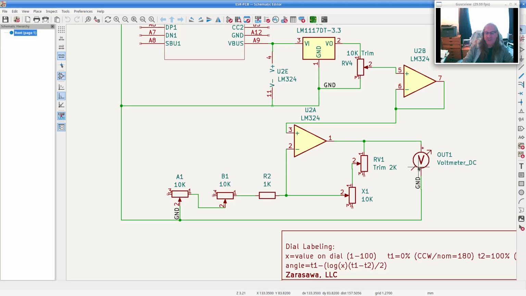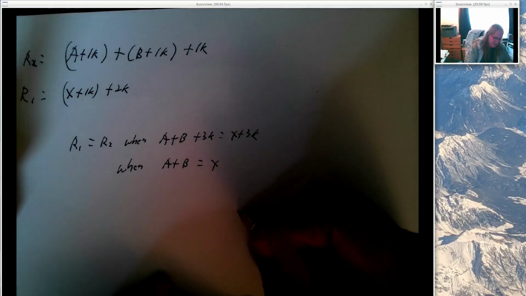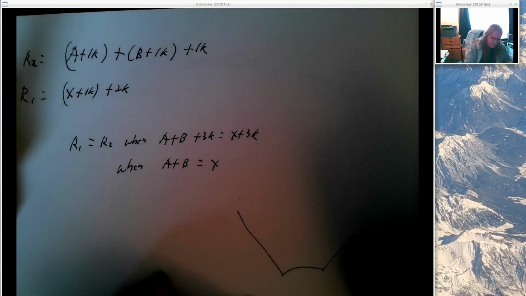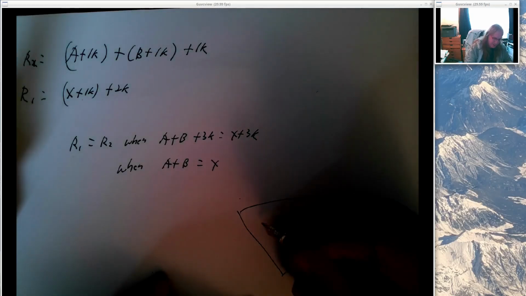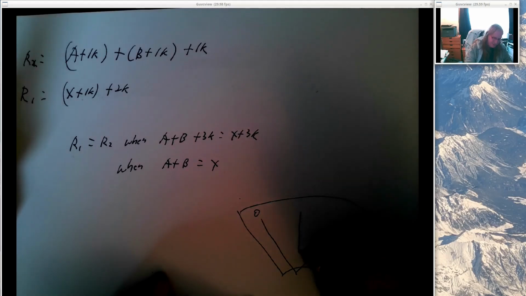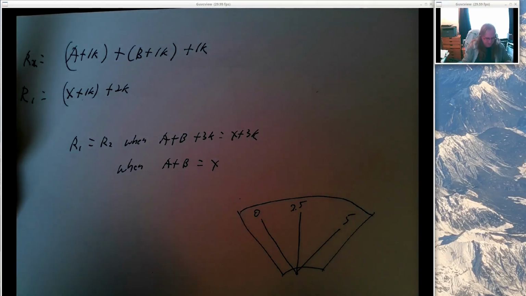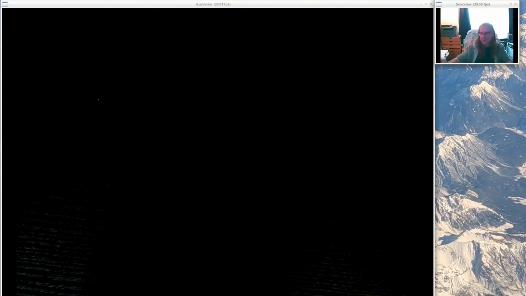So an output of 2.5 volts will tell me exactly when this resistance X is equal to the sum of these two resistances A1 and B1. And my output meter looks like this. I've got 0 volts over here, I've got 5 volts over here, so 2.5 volts should be exactly in the middle position when this thing is straight up and down.